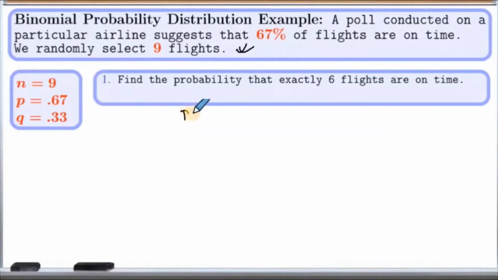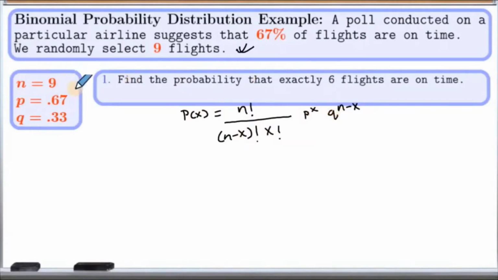So we know the probability of X equals n factorial over n minus x factorial times x factorial, times p^x q^(n minus x). Looking at the formula, we need the n value, x value, p value, and q value.